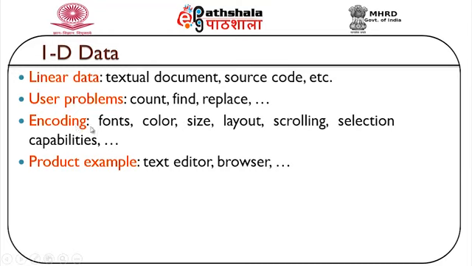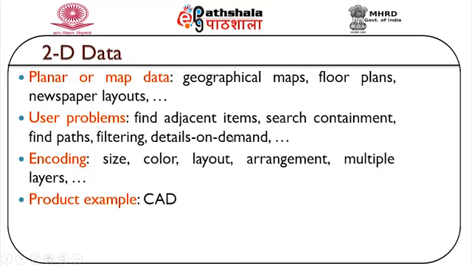The encoding is done with respect to fonts, color, size of the object, layout of the object, scrolling and selection capabilities. Product examples for these are text editors and browsers.